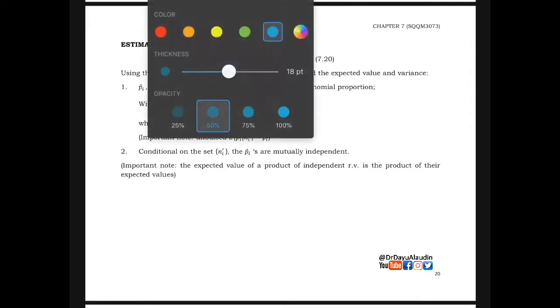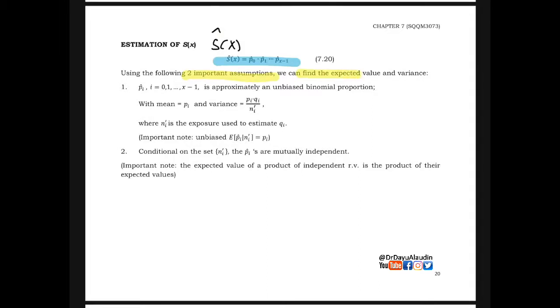So there are two assumptions in finding the expected value and the variance. The first one is, since the Pi is approximately an unbiased binomial proportion with mean Pi, and the variance is Pi times Qi over Ni.